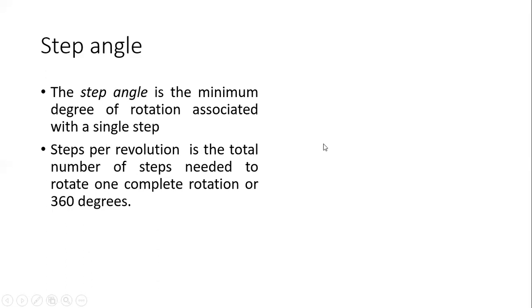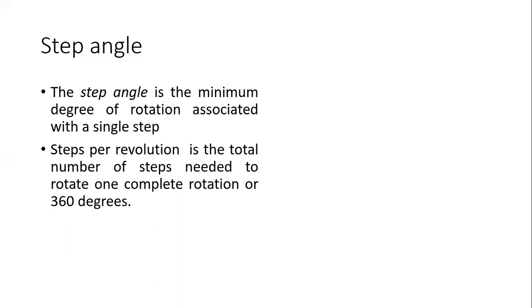It differs by stepper motor. If a manufacturer says the minimum degree of rotation is 2 degrees, then for every step, it rotates only 2 degrees. That's called the step angle.